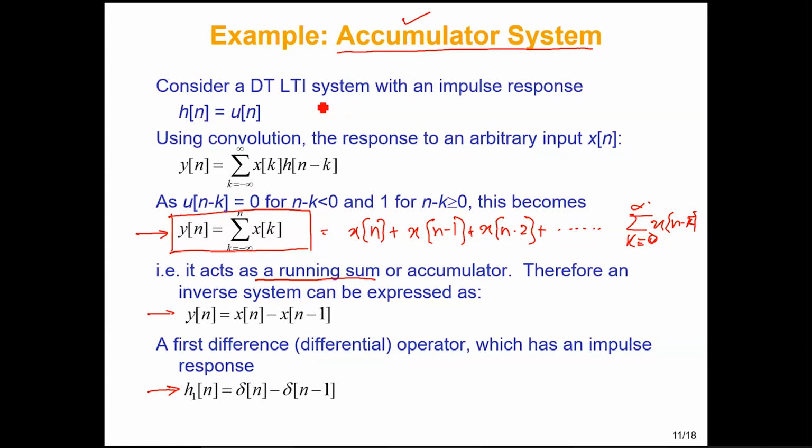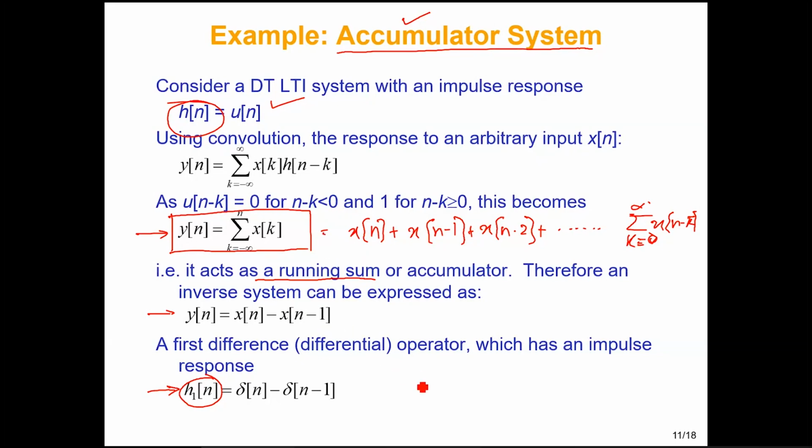So here the impulse response h of n is given as u of n for one system, and this is h1 of n. If we just convolve these two together and see what we end up getting, that is going to help tell us whether we have the inverse or not.